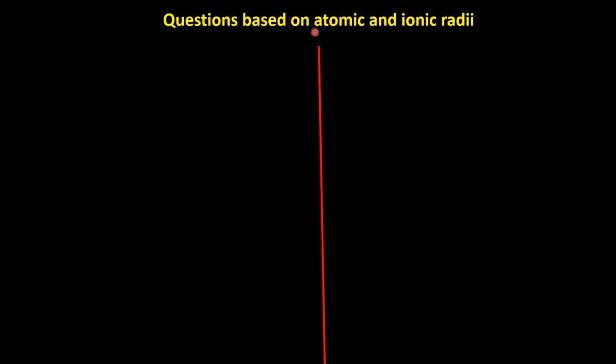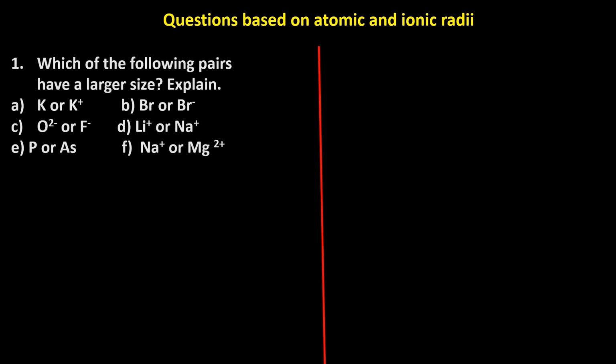We will do a few questions based on atomic and ionic radius. This will help to understand the concepts regarding these two topics more clearly. Let us see the first problem. Which of the following pairs have a larger size? Explain.